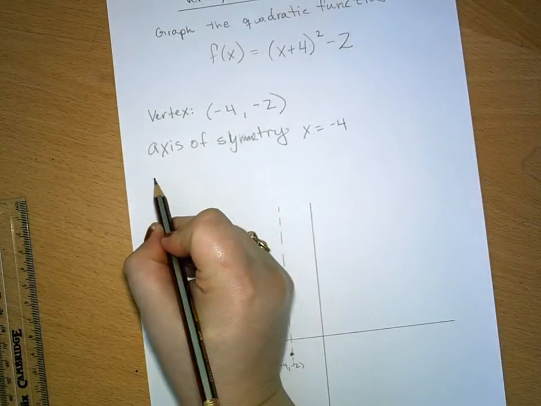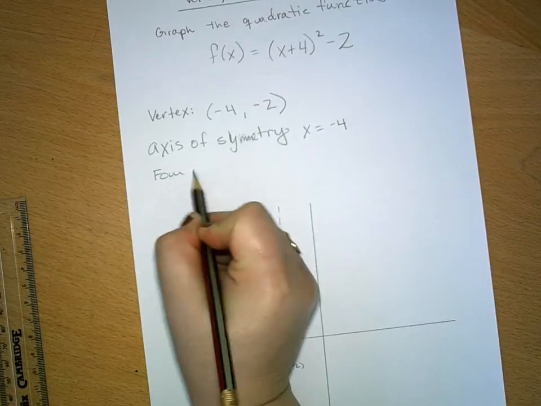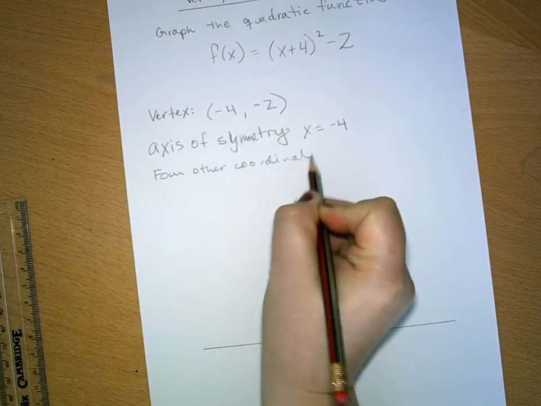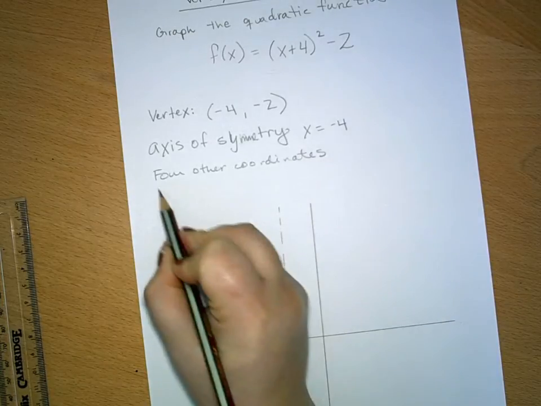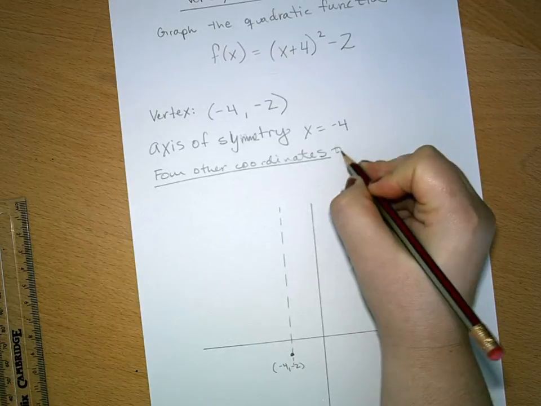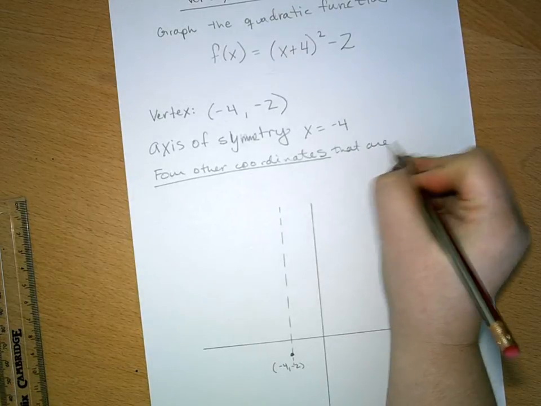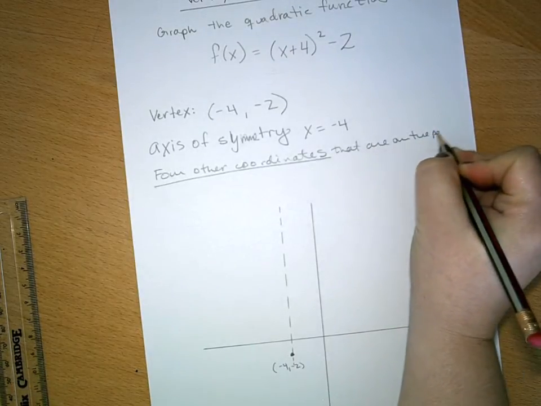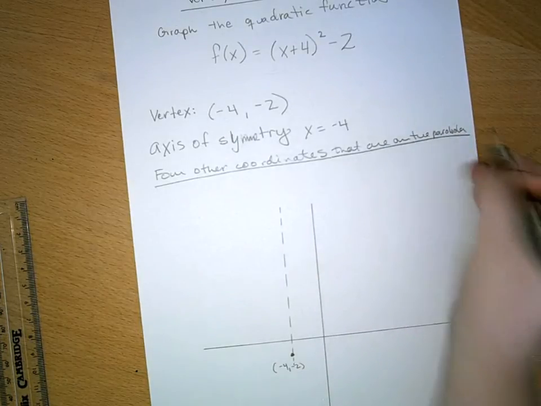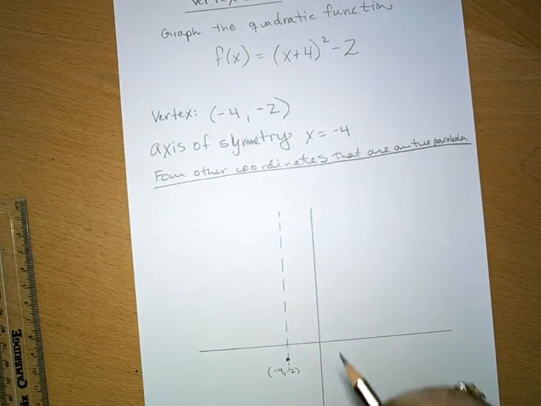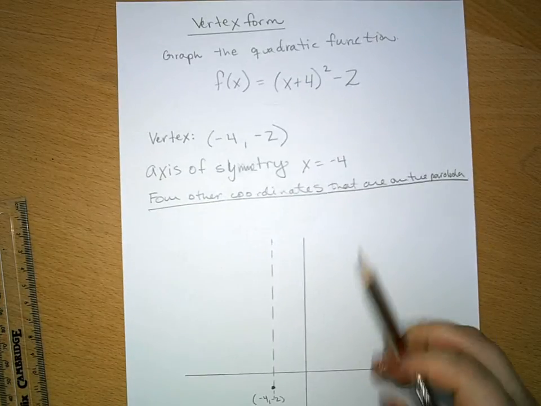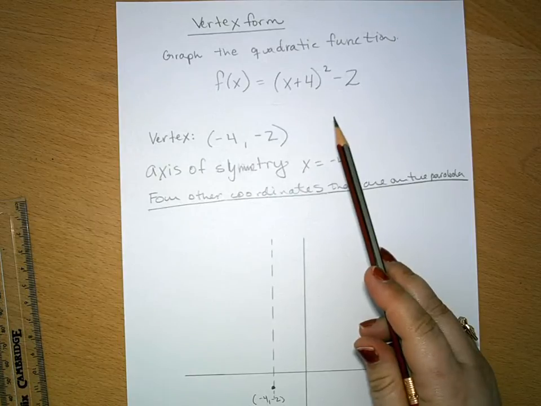Next, we can find 4 other coordinates on the parabola. This will help us figure out what the shape of the parabola is based on our function.